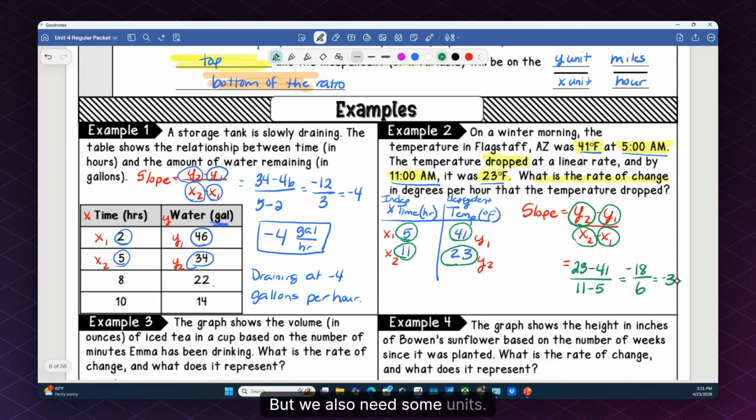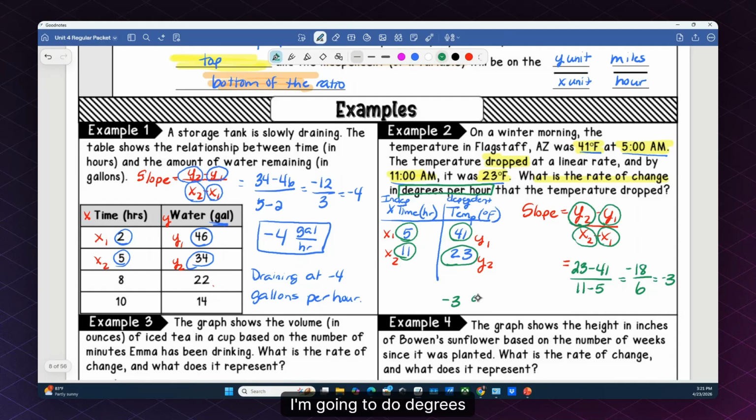But we also need some units, okay? And it actually told us this. It told us right here, degrees per hour, okay? So the temperature is dropping negative 3 degrees. Oh, I don't want to write that. Let me go ahead and put the symbol.